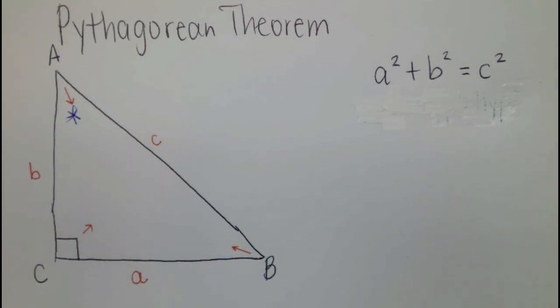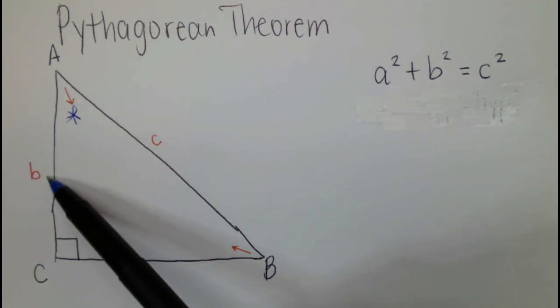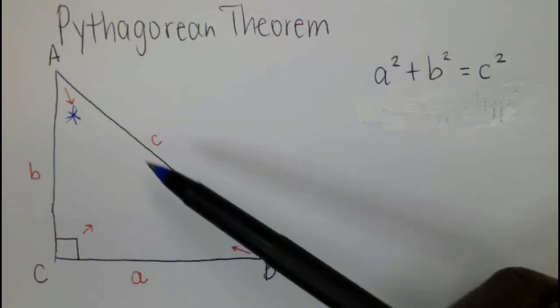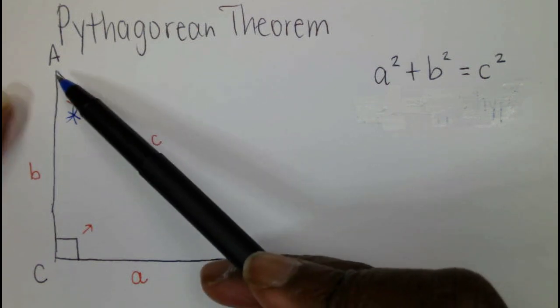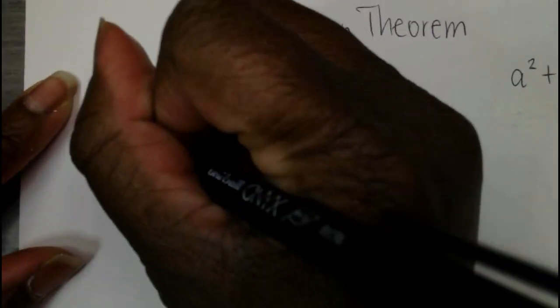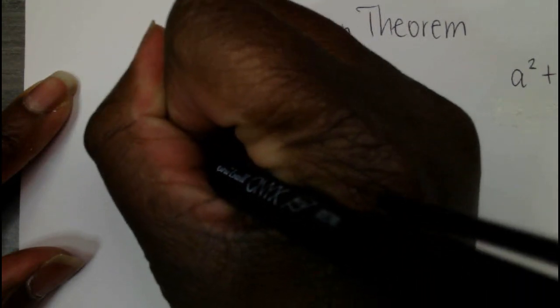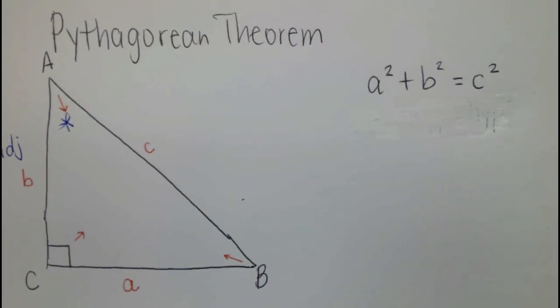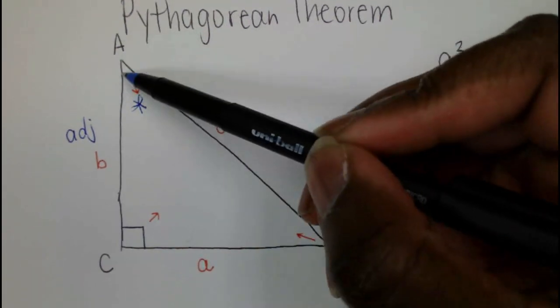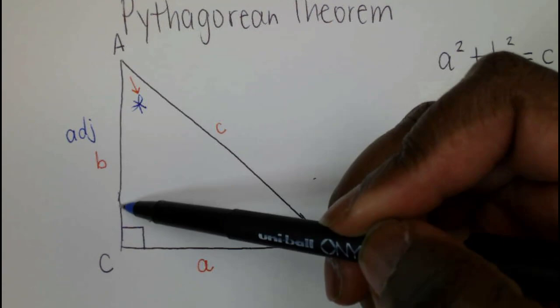So, the side that's adjacent to angle A, opposite angle A, and then the hypotenuse. So this is angle A. For this picture, this side is adjacent to angle A. Adjacent means it touches the actual angle.